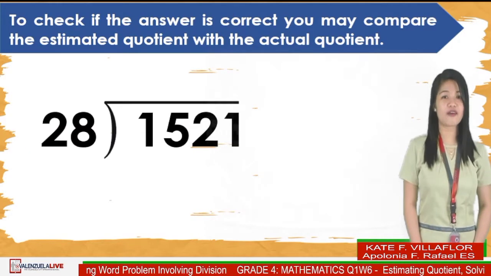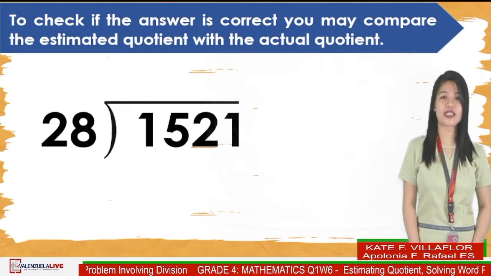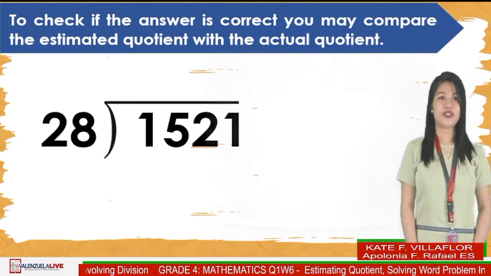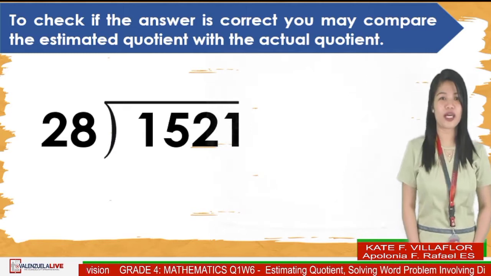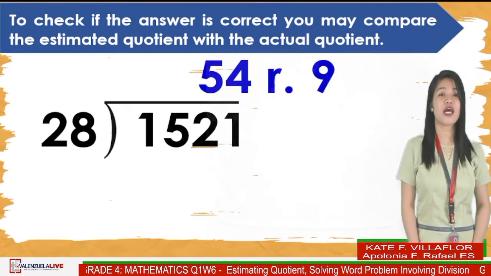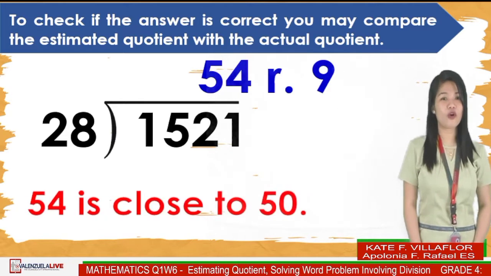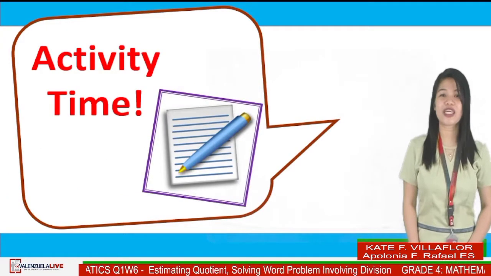To check if the answer is correct, let's compare the estimated quotient with the actual quotient. 1,521 divided by 28, the actual quotient is 54 remainder 9. 54 is close to 50. Let's have the activity.